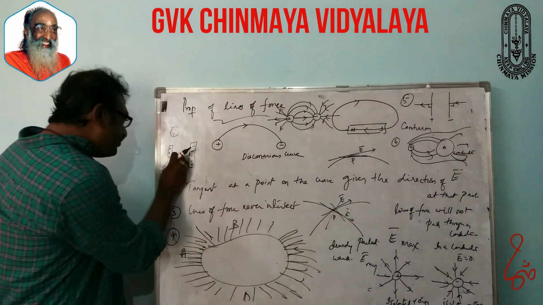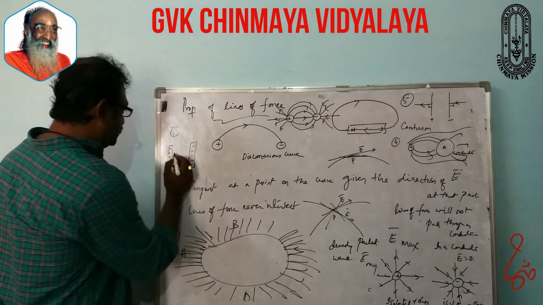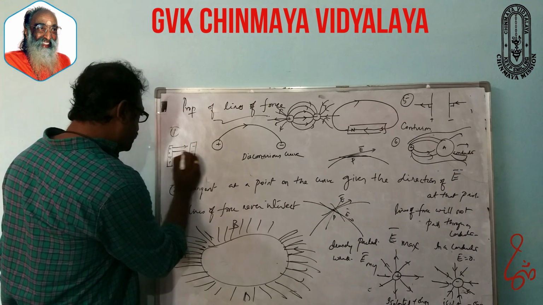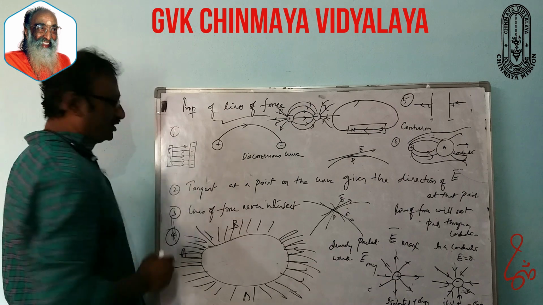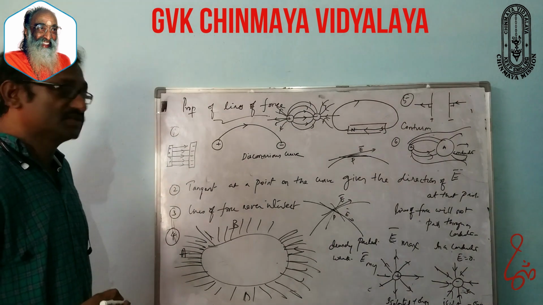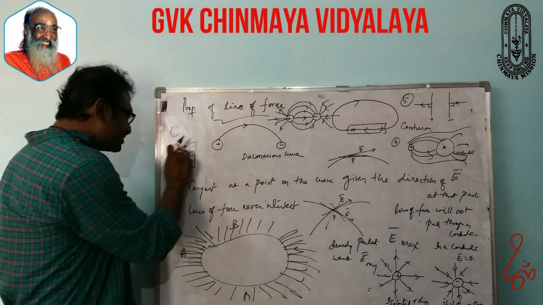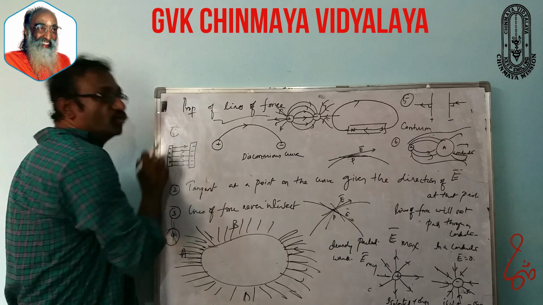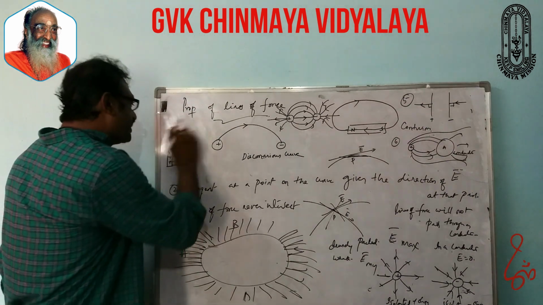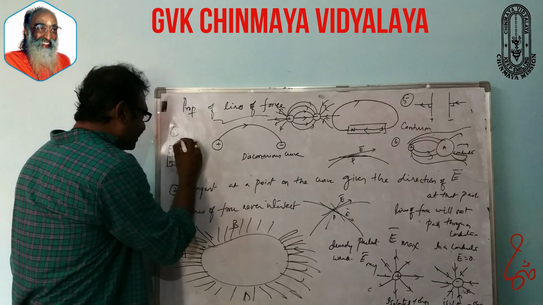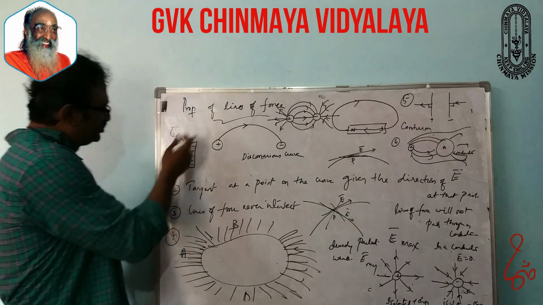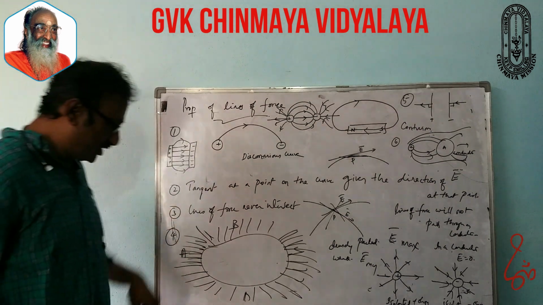In between these two plates, the lines of force are straight, parallel lines, equally spaced. By this you can understand the field is uniform. At the edges they are not straight lines, but there are slight curves near the edges. So like this we can show it for extended charged plates.